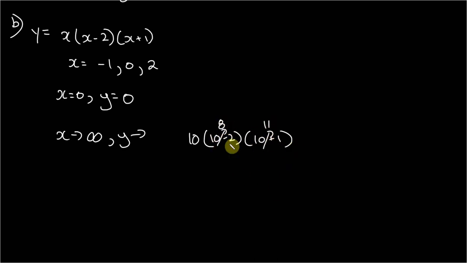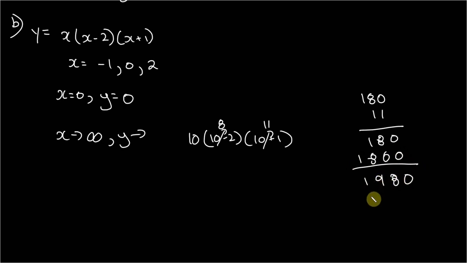That will be 11. 10 times 8 is 80. 80 times 11 is 880, and then times 10 makes 1980 overall.